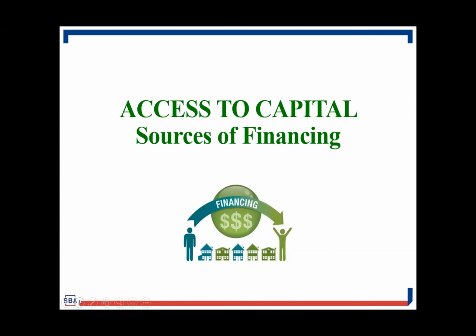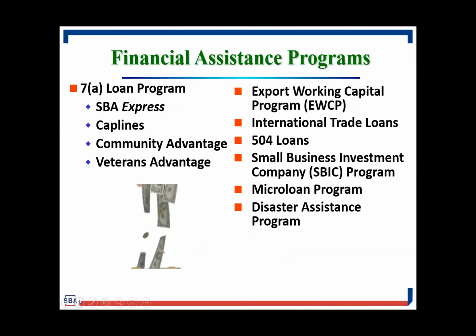So let's look at the sources of financing available from SBA. We have our 7A loan program. Wherever you see section 7A or 8A or 7J, that just has reference to that section of the Small Business Act that gives us the authority to do what we do.